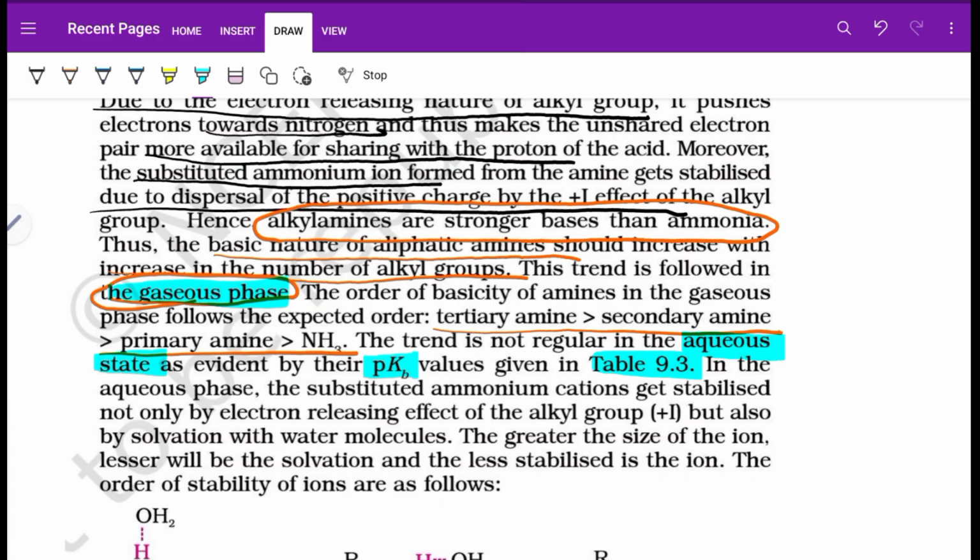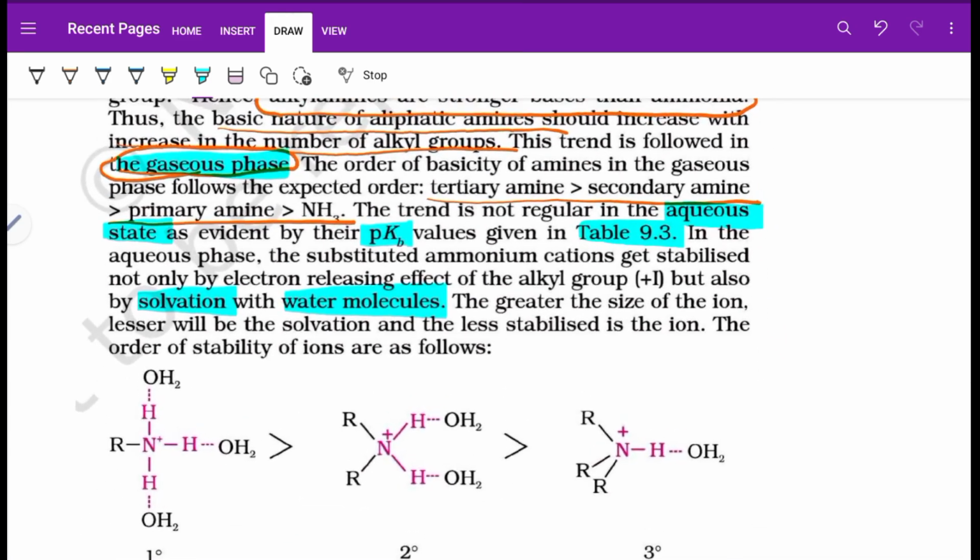Why is it so? Because if I say aqueous phase, that means the amine has interaction with the water molecules, which is known as the solvation effect. So solvation effect means the capacity of these amines to form hydrogen bonds with the water molecules.